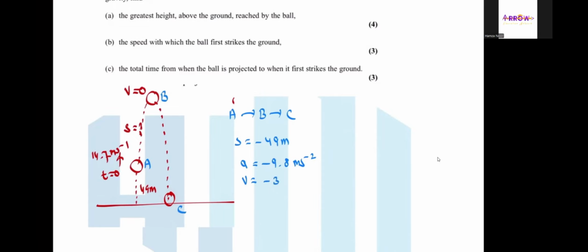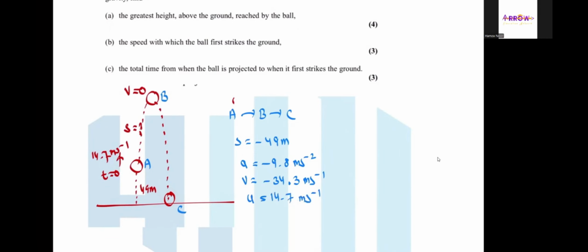All of these quantities are vector quantities except for t. T is basically time, so time is a scalar quantity. All other quantities V, U, A, and S are vector quantities. So velocity was minus 34.3, and the initial velocity was 14.7.